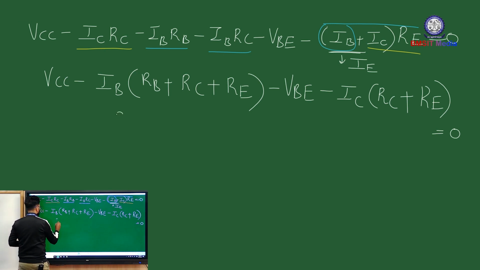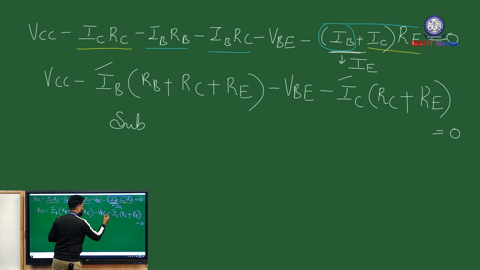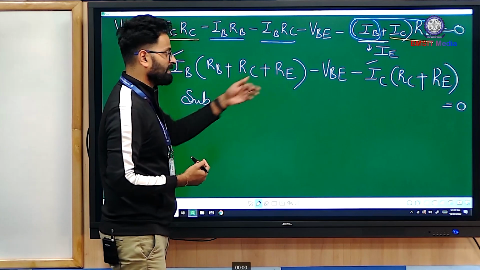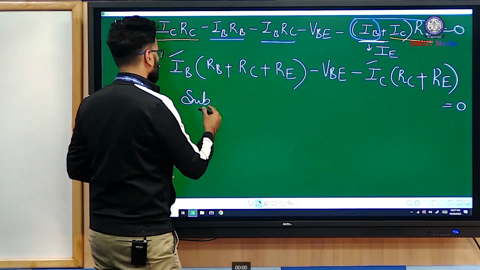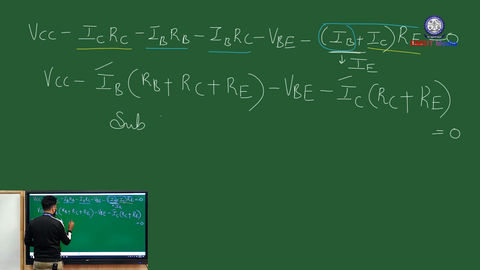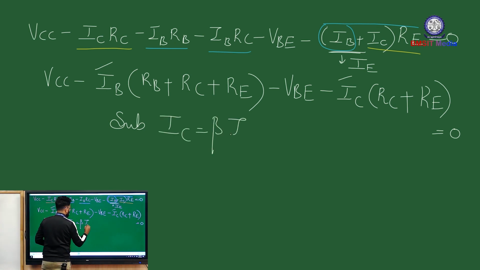Furthermore, you can substitute on the input side. We want to have the input current IB, right? But in your equation, you have input current IB along with IC. So you don't want IC in the input equation. So what you can do is substitute IC is equal to beta times IB, right?